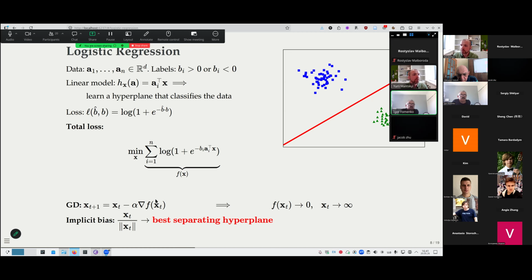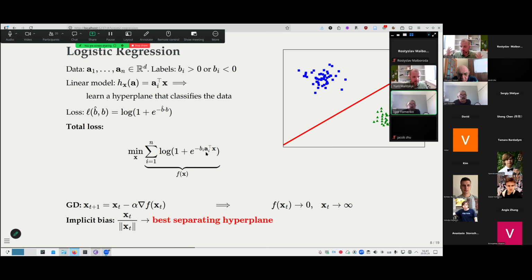But think about the exponent. It can become smaller and smaller in value, and of course, in order to reach this infimum that we can never reach, we keep trying and trying. The iterates go to infinity, basically.